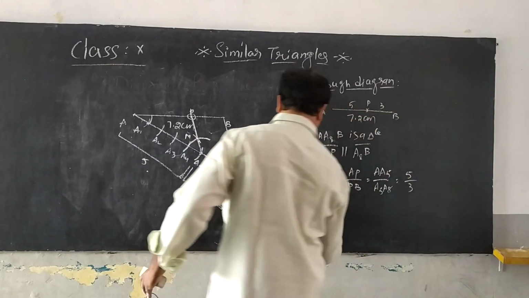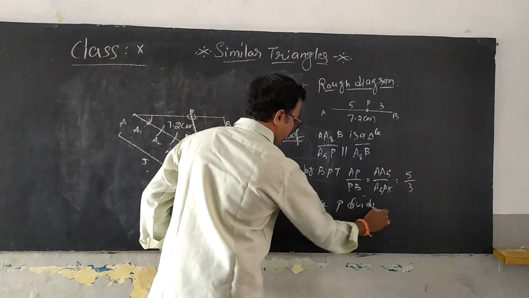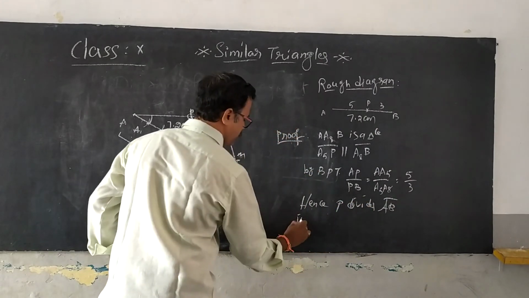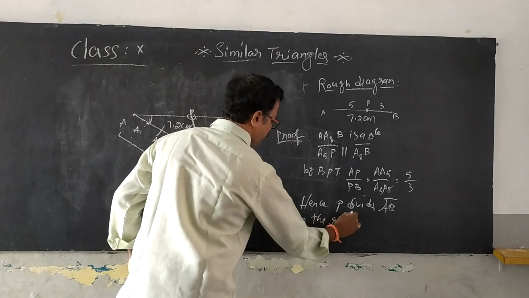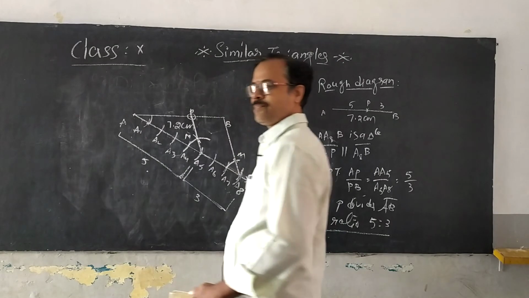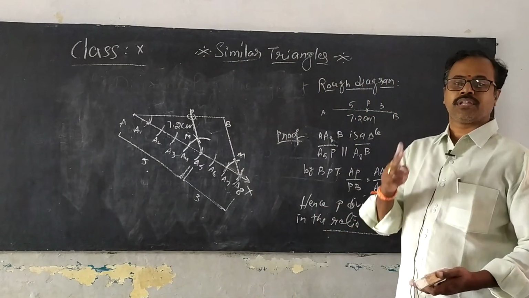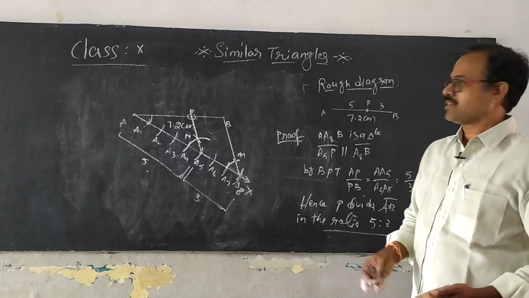Okay, hence P divides AB line segment in the ratio 5:3.